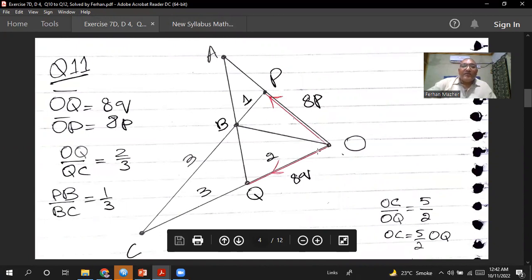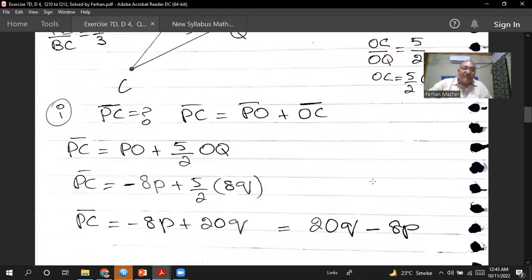So the first problem was, I want to know what is OC, and I know the value of the OQ. So OC is 5, the OC is this whole thing, 5. And the OQ whose value I know, in terms of ratio, it is 2. So OC will be 5 by 2 of the OQ. So that means OC will be 5 by 2 of the 8Q.